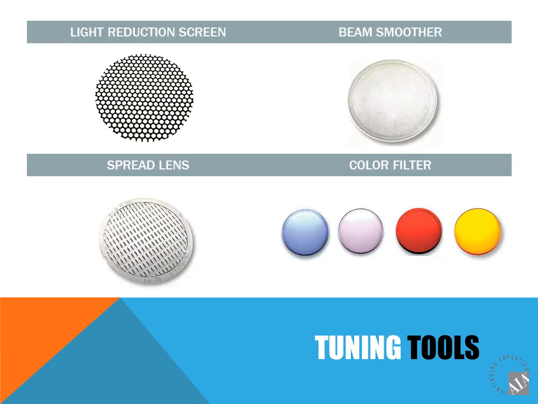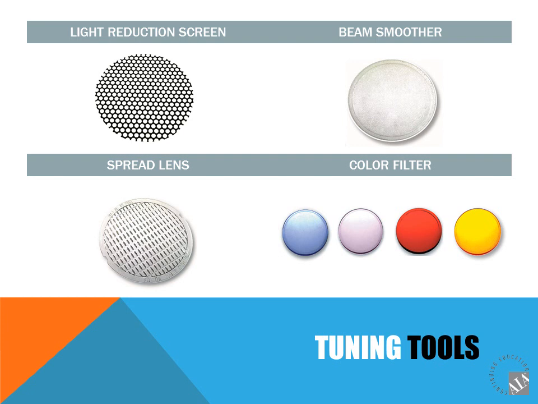Tools for tuning: light reduction screens, historically very, very important in museum art lighting, where we do not want to dim the fixtures. We don't want to change the color of the illumination, but nowadays, obviously, if you dim LEDs, most often you have no change in color temperature.